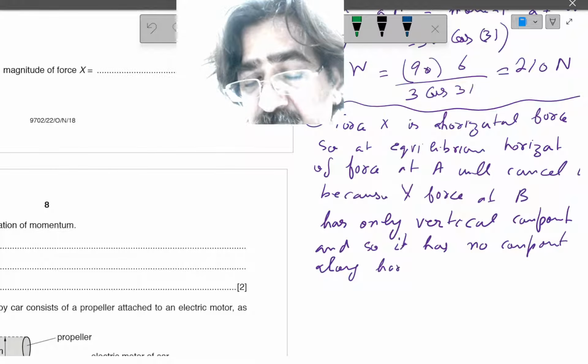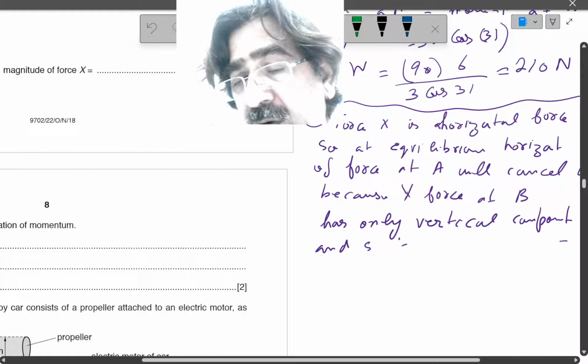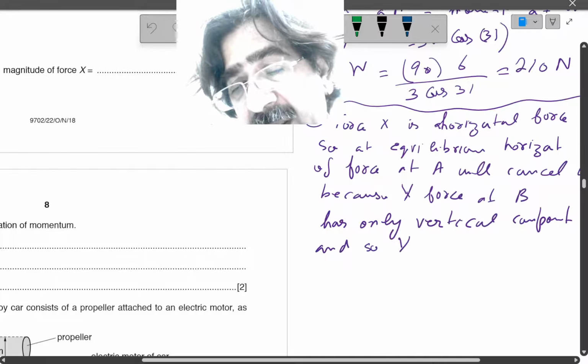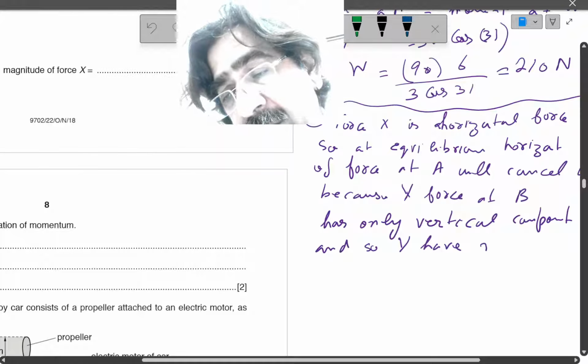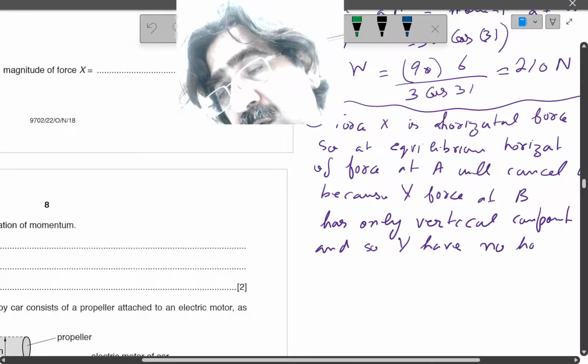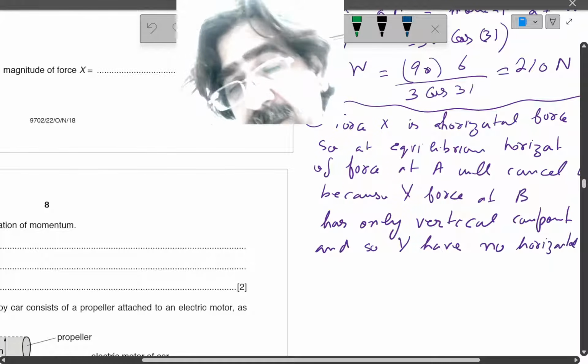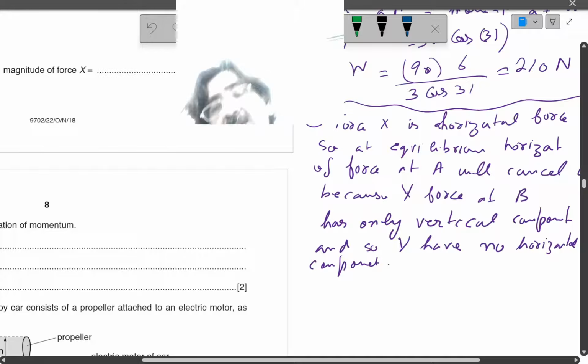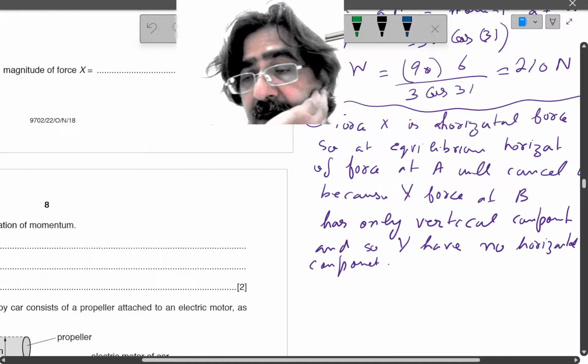So the y force has no horizontal component.